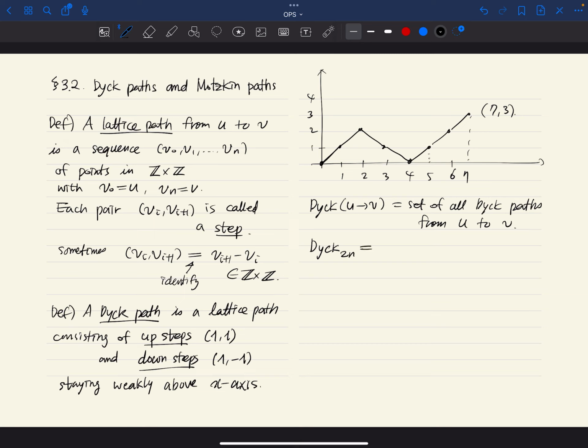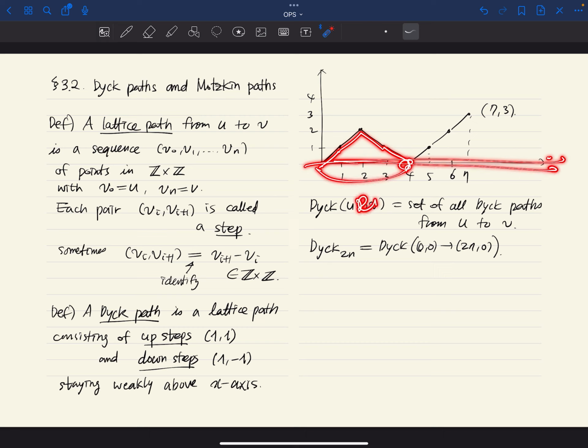So this is Dyck paths from (0, 0) to (2n, 0). It must be an even integer because otherwise you cannot really reach the x-axis again. So if you go back to the x-axis, this must be even, right? That's why we only consider even numbers here.